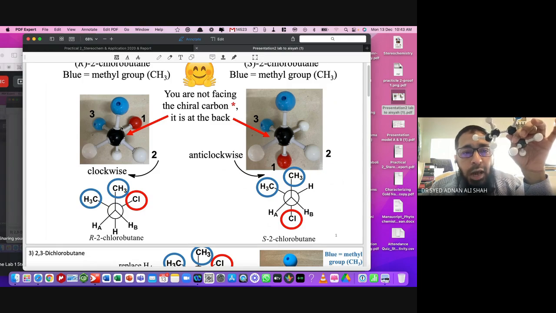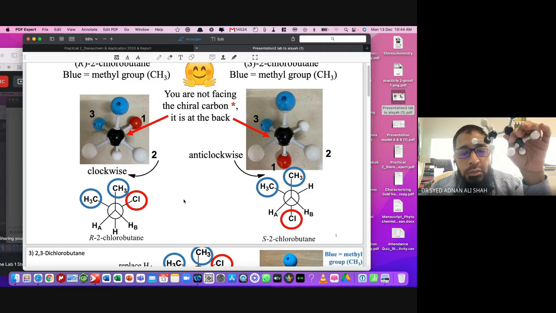This one is CH, the stereogenic center, and this one is the carbon with CH2 and CH3. So number 1, number 2 and 3, from here this is clockwise. And in the mirror image, with the opposite stereochemistry, priorities 1, 2 and 3 go anti-clockwise, right? So this is how you have to assign the stereochemistry of the molecule.